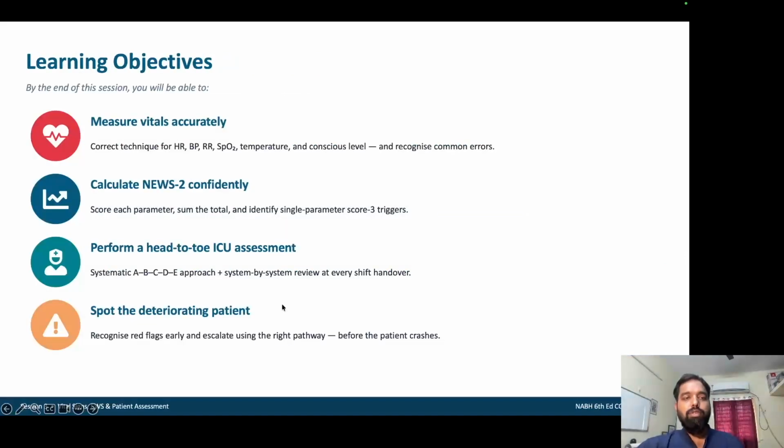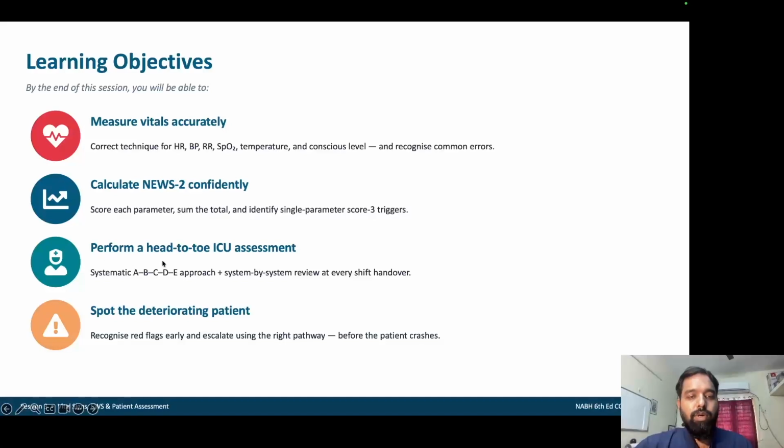The learning objectives of this session are: measure the vitals accurately, using the correct technique for heart rate, BP, respiratory rate, SpO2, temperature, and conscious level assessment. Calculate NEWS2 confidently. Each parameter has its own importance, and we'll see how the score varies from 0 to 3 as the severity varies.